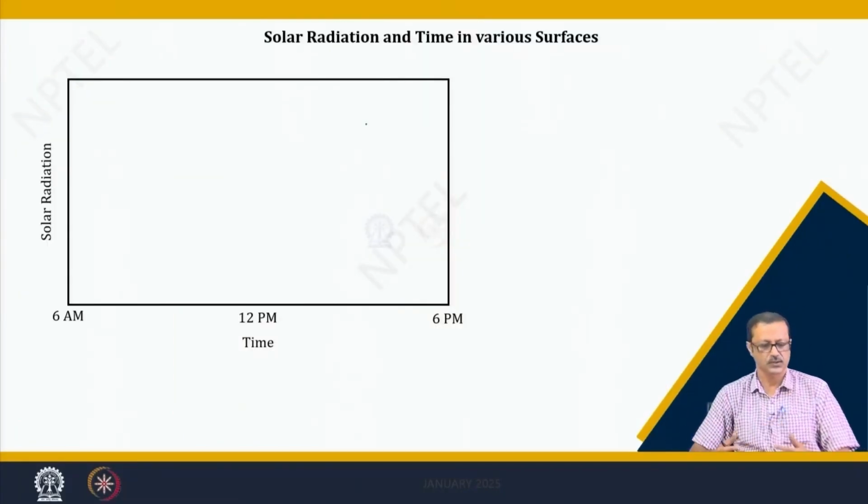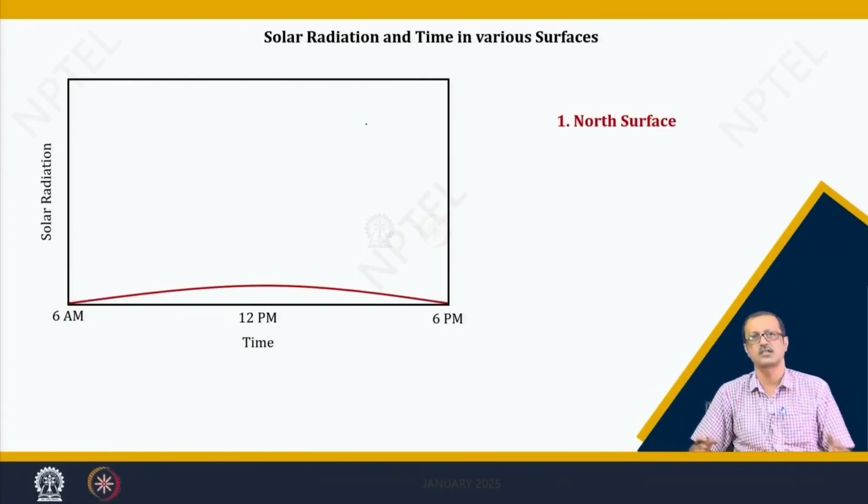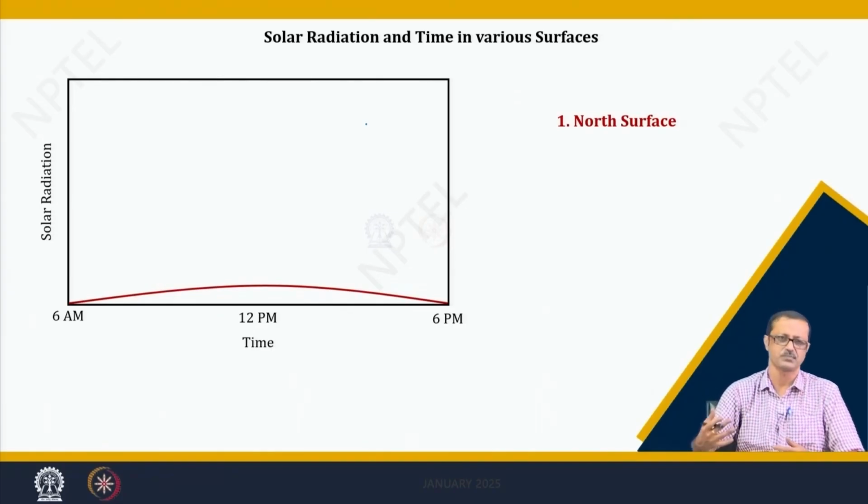Now, the variation of solar radiation on the various surfaces. This is the north surface, and we are in the northern hemisphere. North is not directly exposed to the sun, maybe in some part of the morning or evening, otherwise it is under diffused radiation.